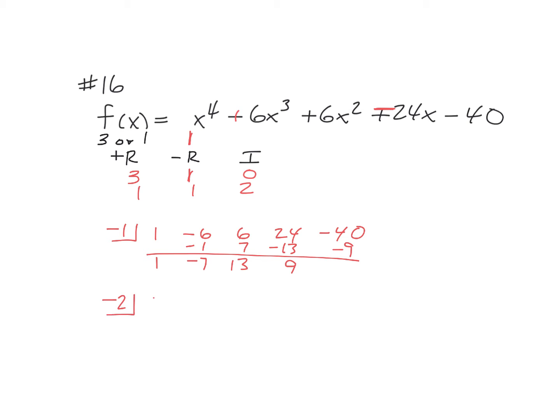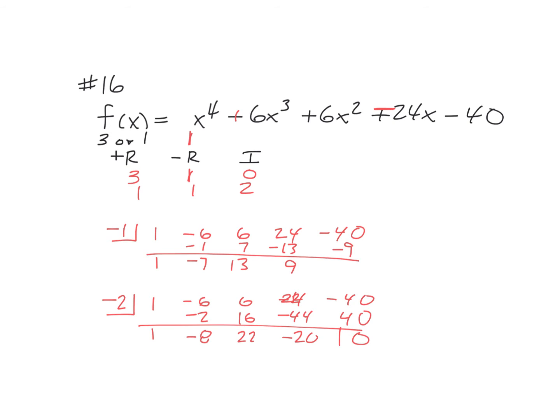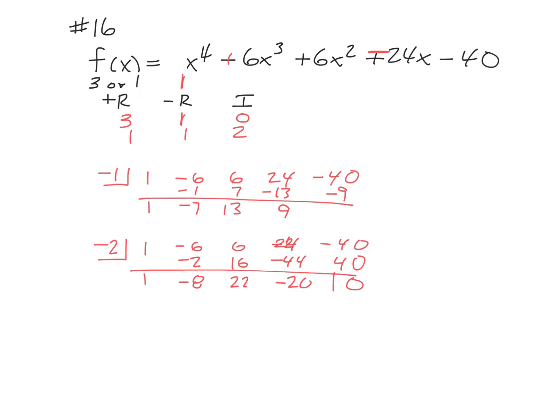If I try -2, again I'm trying to find that 1 negative real zero. Oops, that should be a +24. And it works. Now I'm left with a cubic equation, and I have found this 1 negative real. That is -2 is one of my zeros.